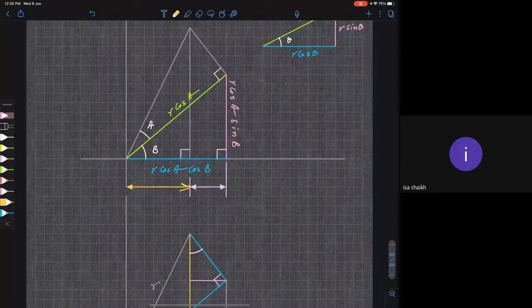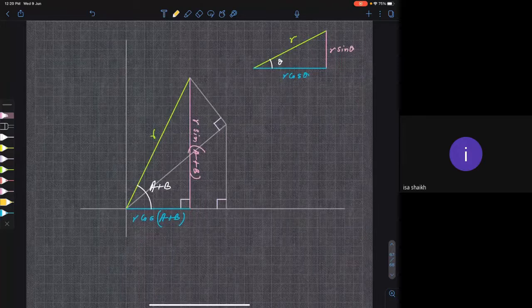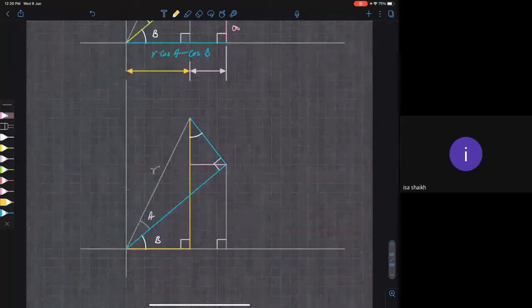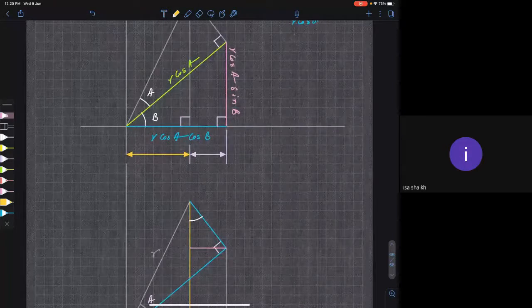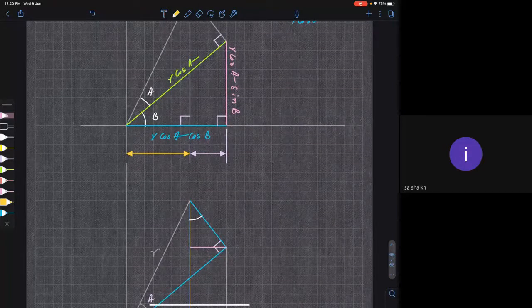See, this yellow side I am in need of, because that is what the value of R cos(A+B) is. Can you see? But I have the value of the full blue side. So somehow if I know this side, I can subtract that side from this R cos A cos B and I can get that yellow side.